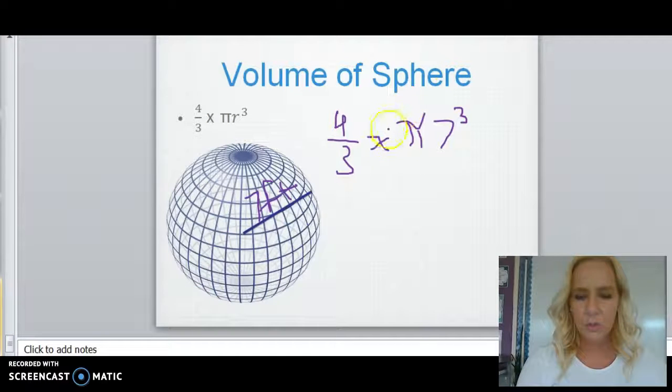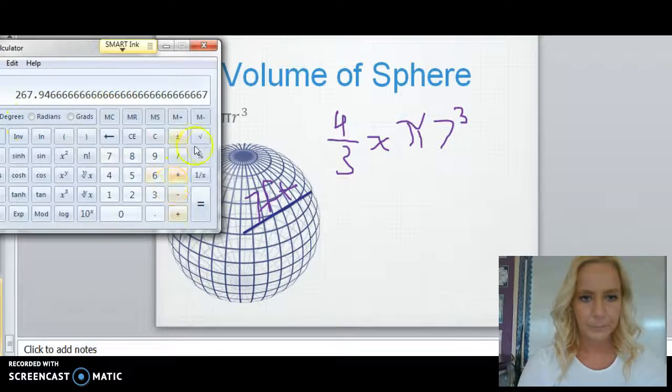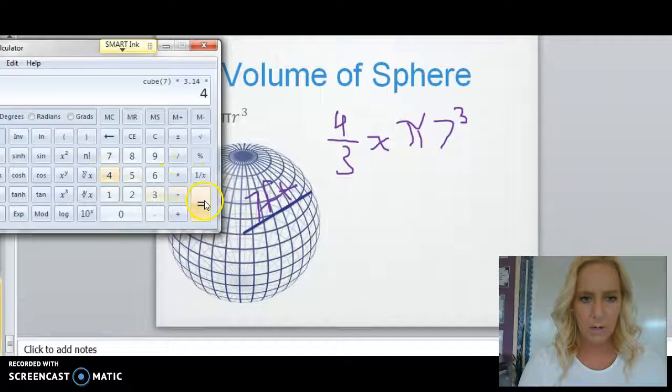What I want you to do is first solve for this part of the formula. So I'm going to take 7 cubed, you notice here it says cubed, times pi, which is 3.14, times 4, then I'm going to divide by 3.